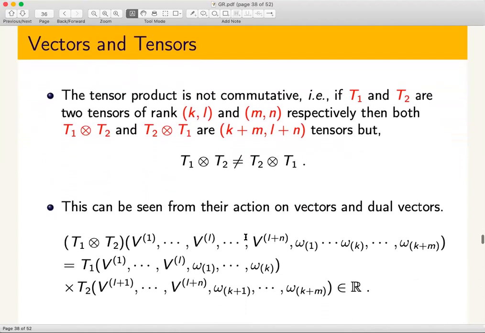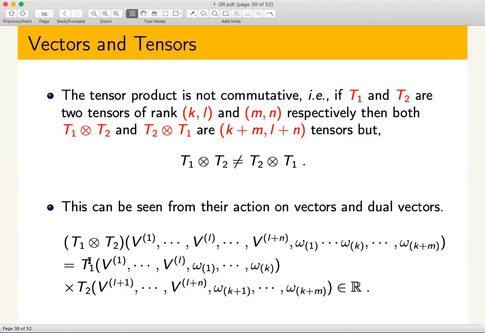Given that these tensors are mixed tensors, we can try to see the action of T1 tensor T2 on the vectors V1 dot dot dot VL dot dot dot VL plus N and omega 1 dot dot dot omega K dot dot dot omega K plus M. Notice that given that you have K plus M contravariant indices, this object will give you a number only if you have K plus M dual vectors, and similarly only if you have L plus N vectors.